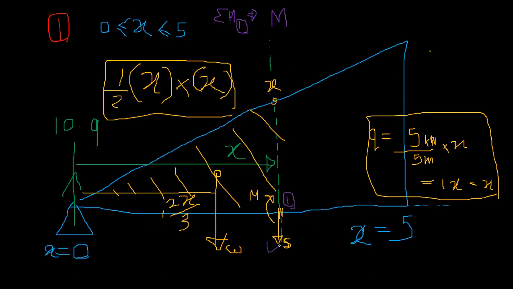So we have the moment from the shear here, W and R, right? Reaction. So M is gone. So you have a clockwise moment of 10.9 into X, right? So now we have another one, anti-clockwise.